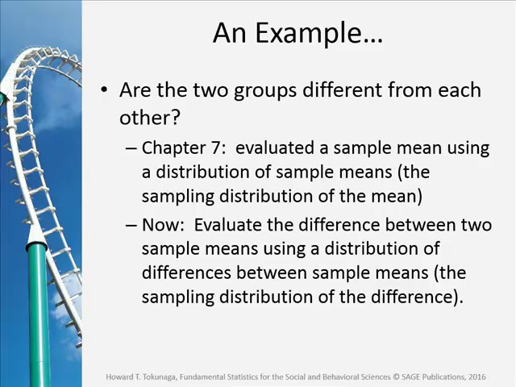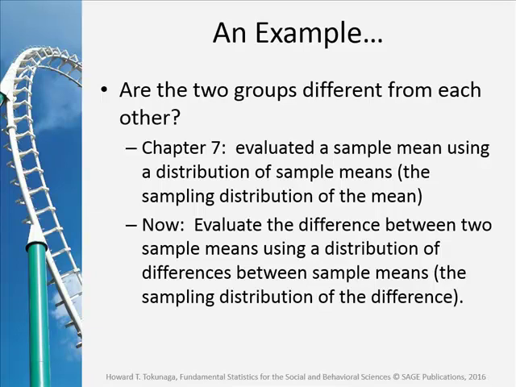So in chapter 7, when I first introduced this insanity, I basically said we're comparing our sample to the population, and how likely is it that we get this sample from the population. Now what we're saying is, how likely is it that we're going to get this difference between the two samples, the difference between the intruders and the non-intruders times, from a population of Parkers.